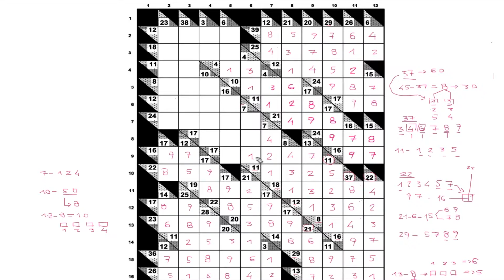Here will be number 1 because here is the number 2 and number 4. Here will be number 2 and here will be number 4. What about 17? There is a number 7 and here we need number 10, and number 10 is 1, 2, 3 and 4, and here will be number 3.